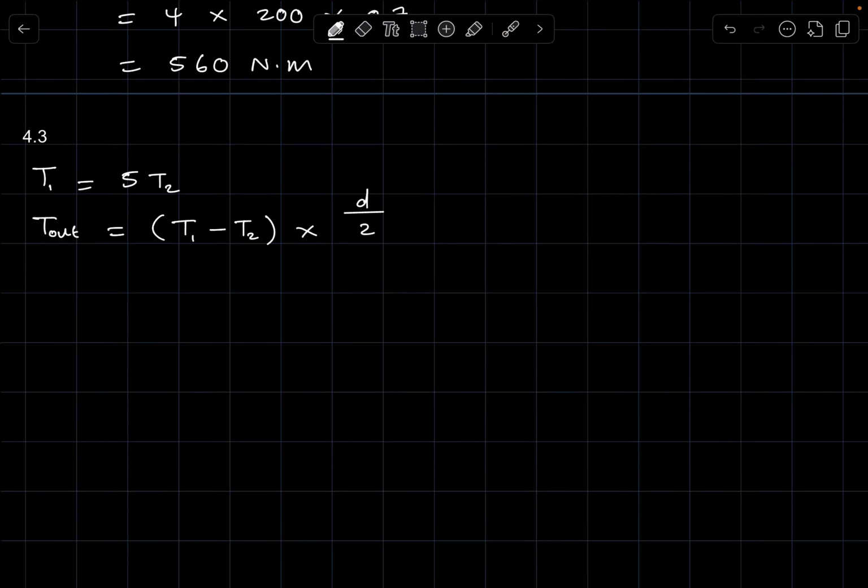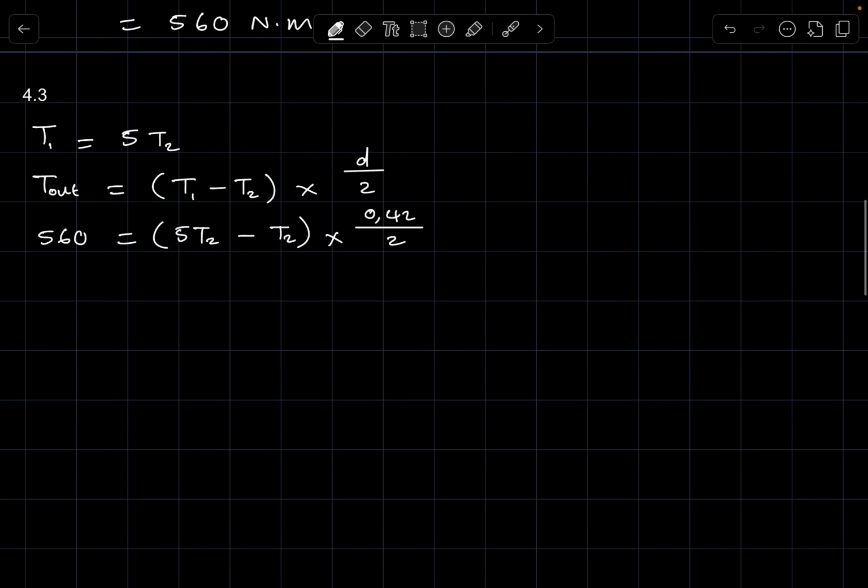Now we have two equations, hence we can solve these simultaneously. So T out, we've just calculated, it's 560, equal to, from the first equation, T1 is 5 times T2, so (5T2 minus T2) times the diameter of the smaller pulley, 0.42, divided by 2. So here we have 560 is equal to, taking care of the brackets first, 5 minus 1 is 4, and that 4 times this gives us 0.84 T2.